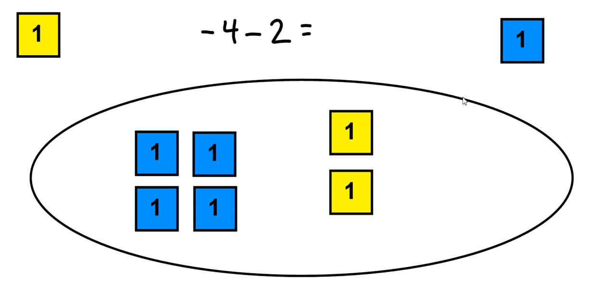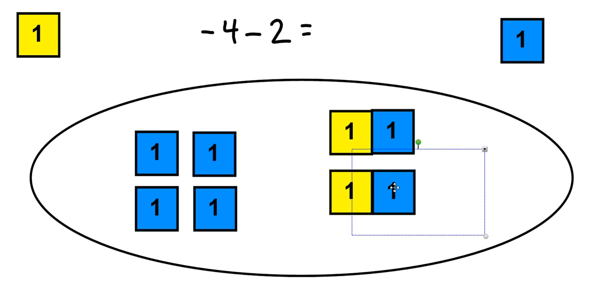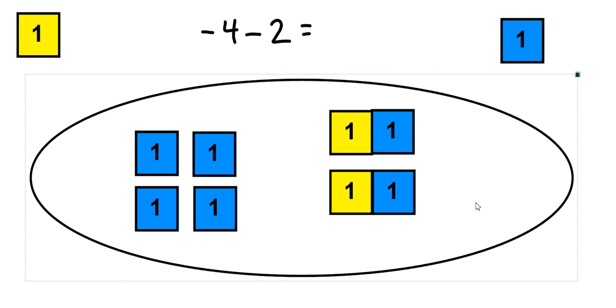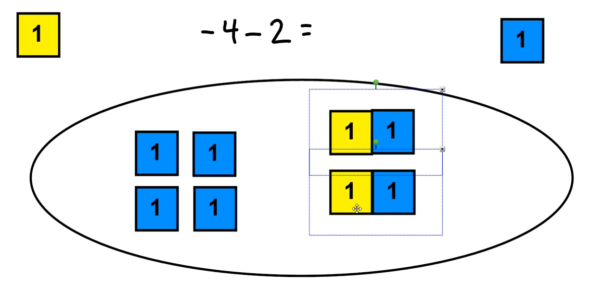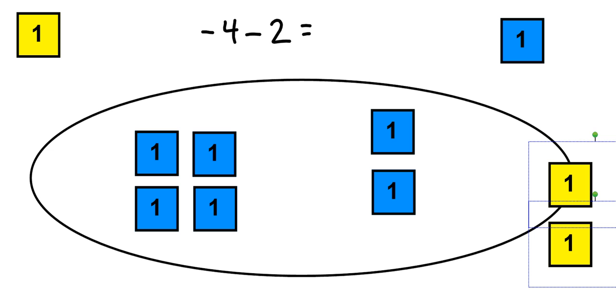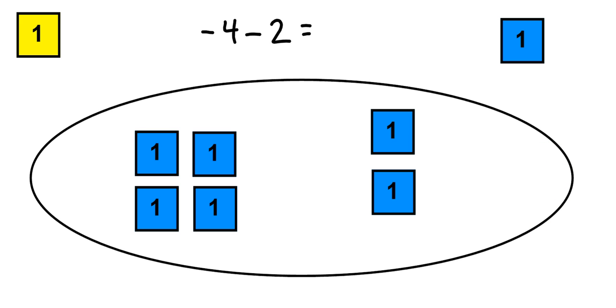But if we add 2 zero pairs, then what's in the play area is still negative 4, and we can take away 2 yellow chips, leaving behind negative 6.